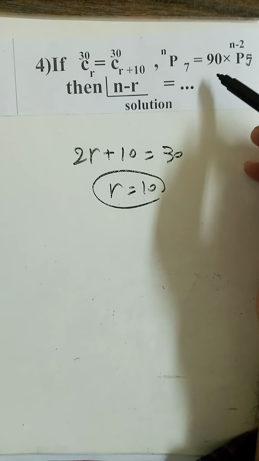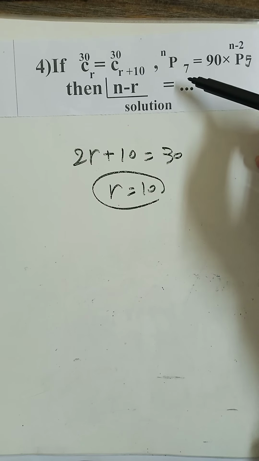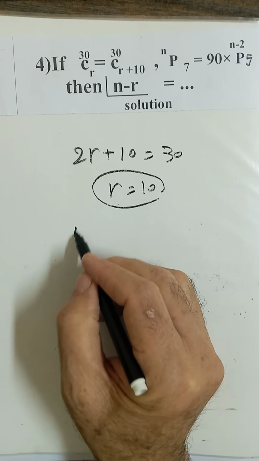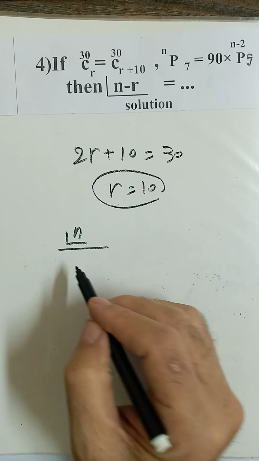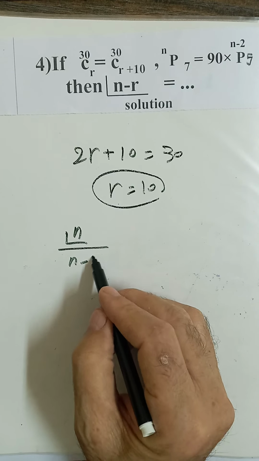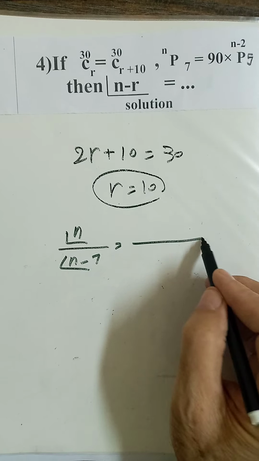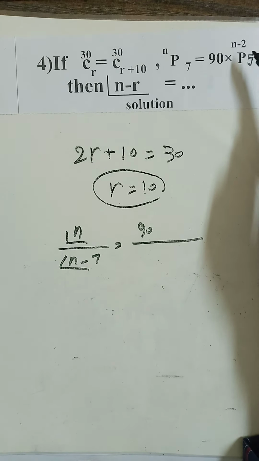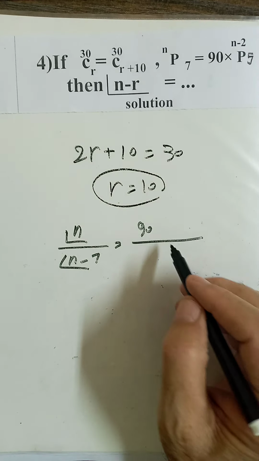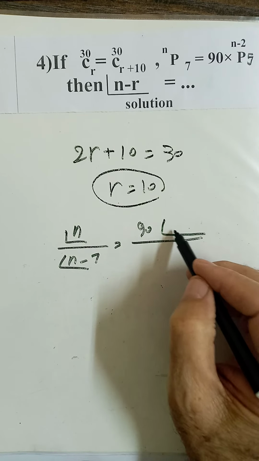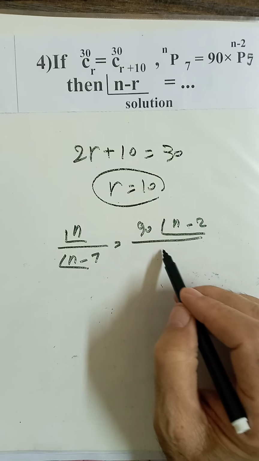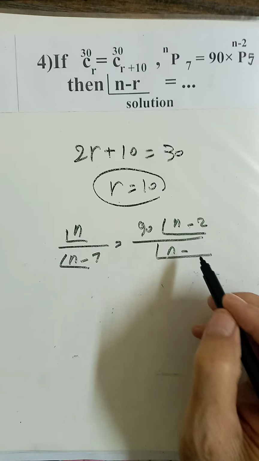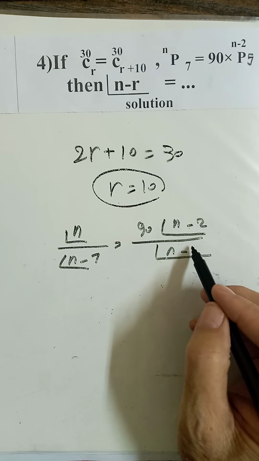This is the first equation. Second, nP7 means factorial n over factorial n minus 7. Here 90 times n minus 2 P5, which is factorial n minus 2 over n minus 2 minus 5, n minus 7.